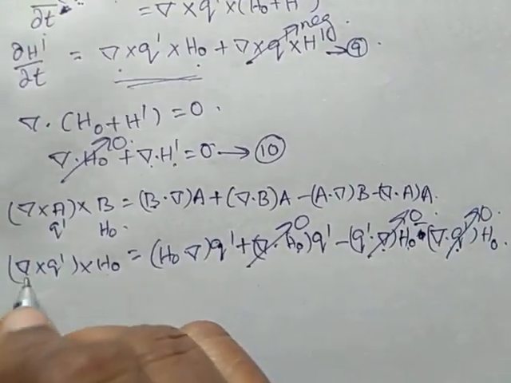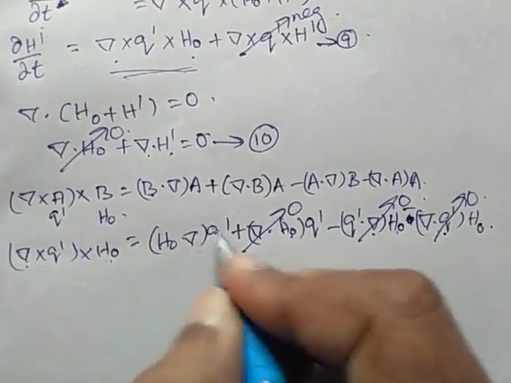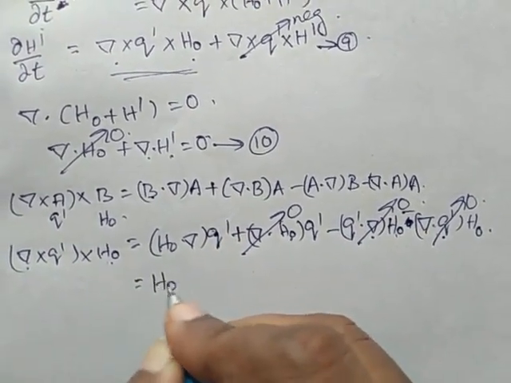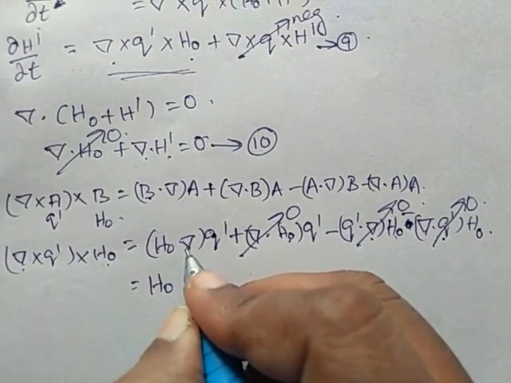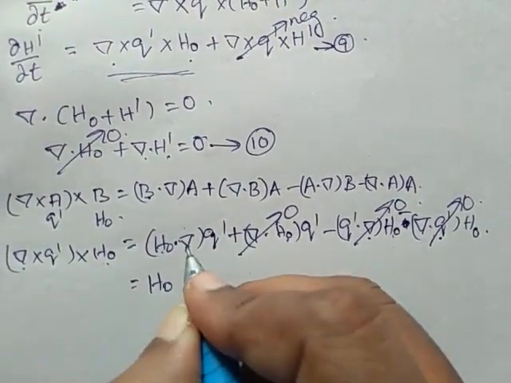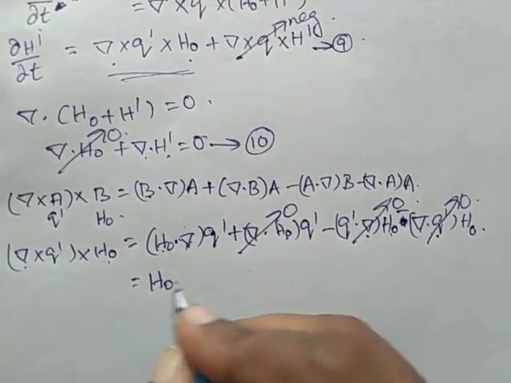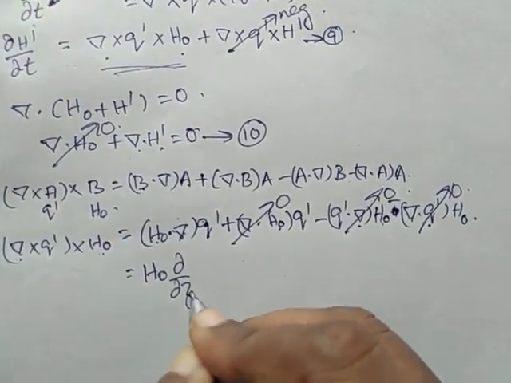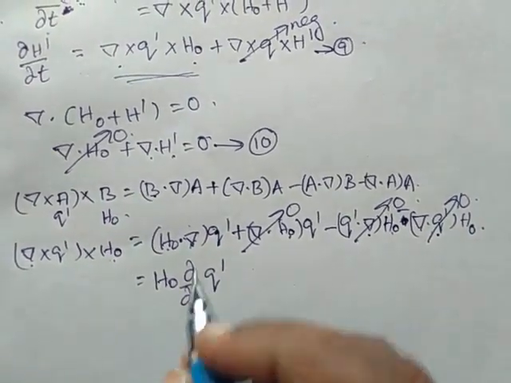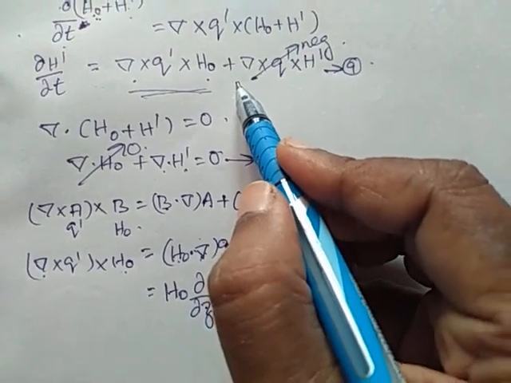So we have the curl of Q' cross H₀ as only this term, H₀·∇Q'. We can expand this as H₀ ∂/∂z of Q', as we already got. So we got this value for our equation 9.